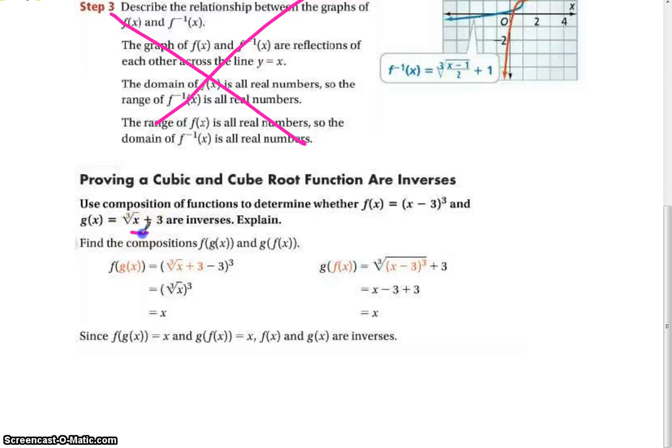So if I put all of this in for x here, and it simplifies down to plain old x, and then if I go the other way and put all of this in for the x in the other one, and it simplifies down to x, then yes, they are inverse. If either one does not simplify down to x, then you say no, they are not inverse. Okay, go to the next page and let's do some together.